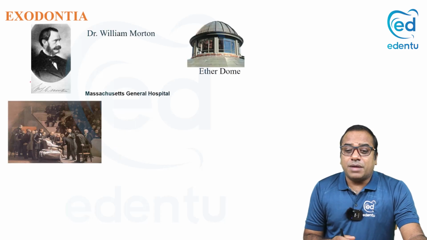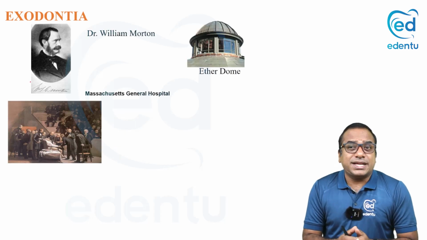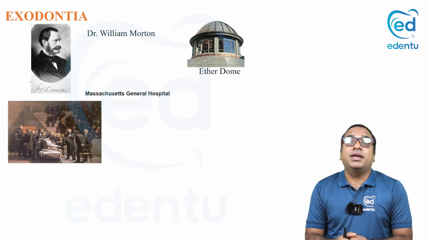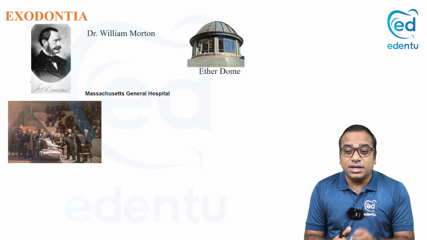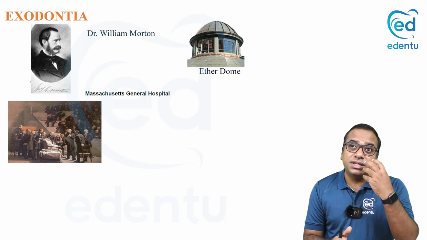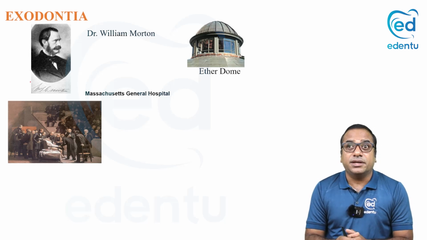Okay, so now coming to the first extraction with anesthesia, it was done by Dr. William Morton. Dr. William Morton was the one who did the first extraction with anesthesia, ether.